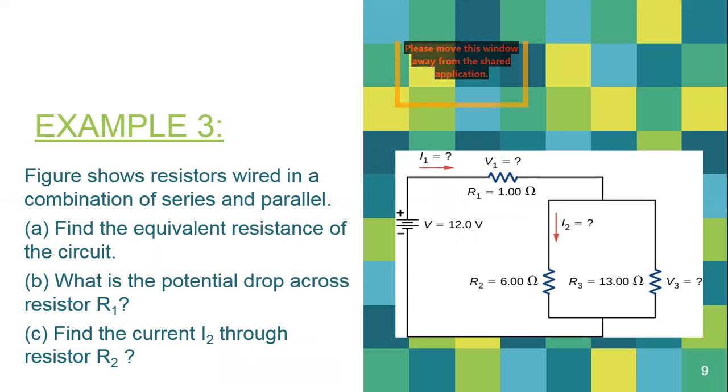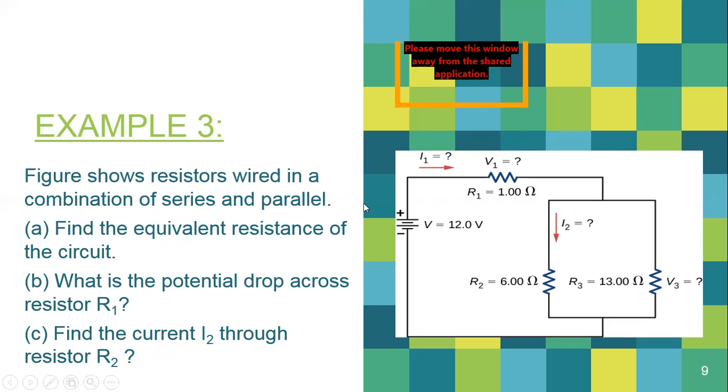This resistor is connected in series with these two parallel resistors. In this type of combination of circuits, you have to first find out the resistance in parallel and then combine it with the resistance in series.